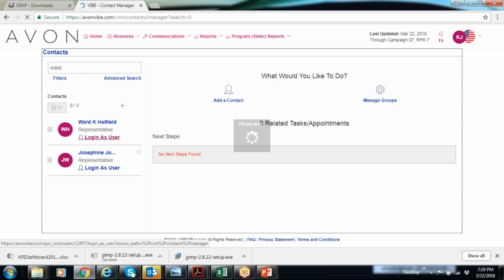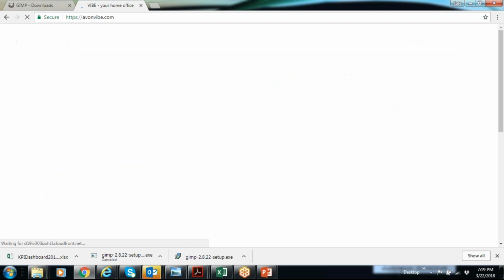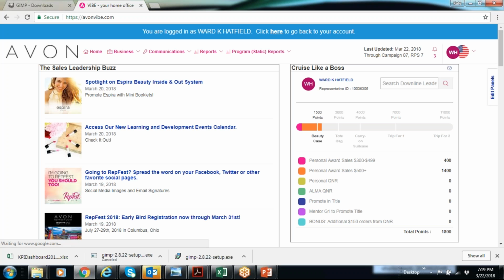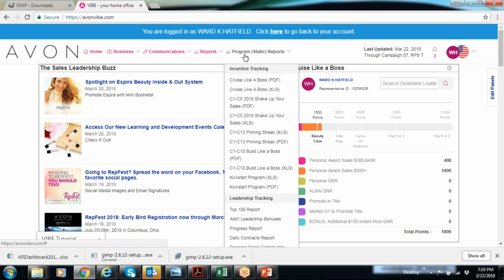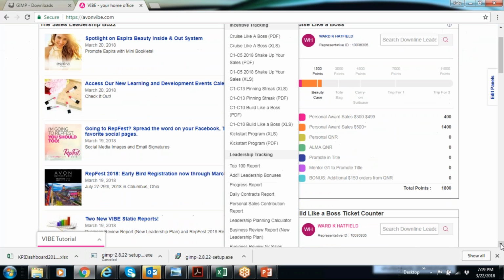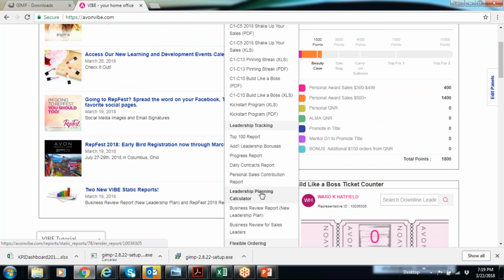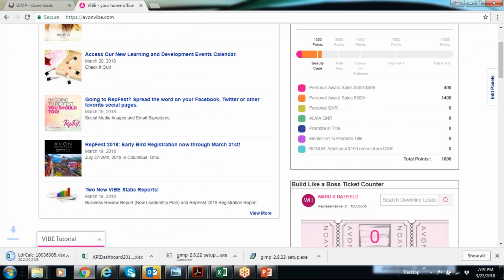Okay, we're logging in as her. And the calculator is in your program static reports. And it's towards the bottom. Which now I'm going to have to move this over. Okay. Leadership Planning Calculator.